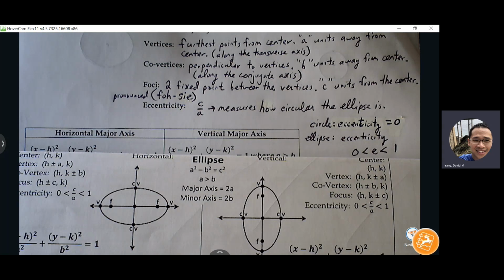So the flatter and more oval your ellipse is, the closer your eccentricity is to 1. The more circular your ellipse is, the closer it is to 0. And we can always get the exact value of the eccentricity by taking the C and the A value and dividing them.